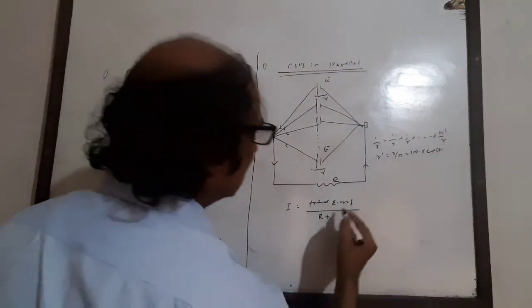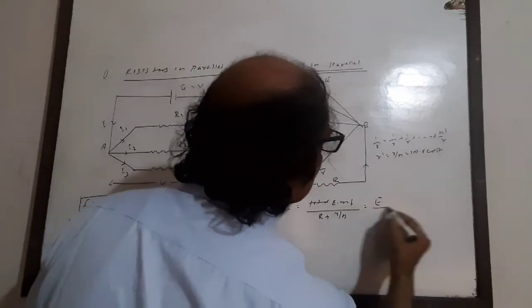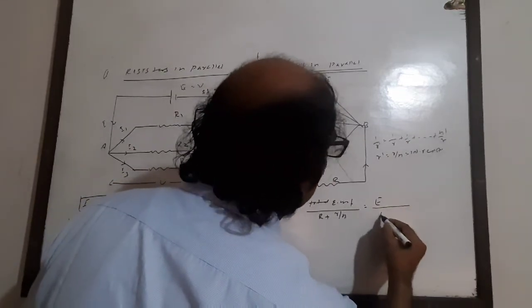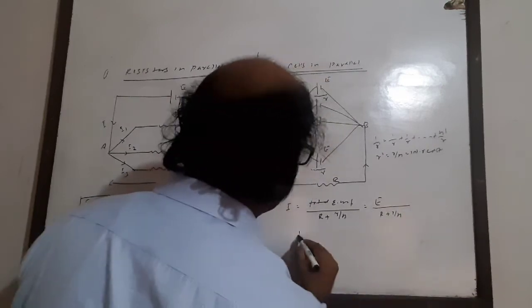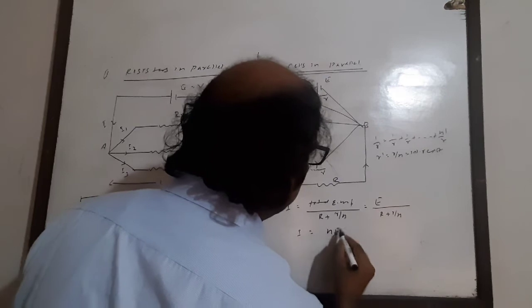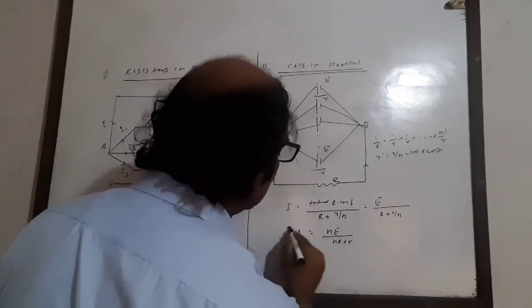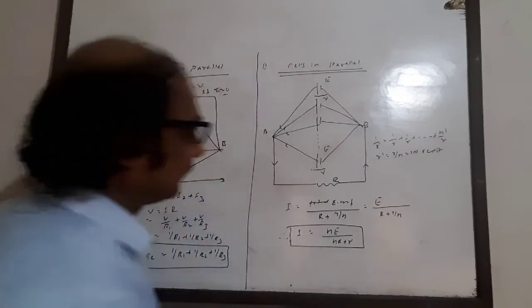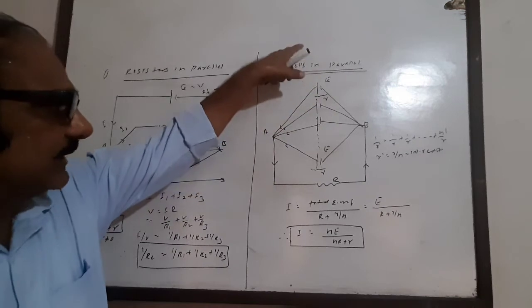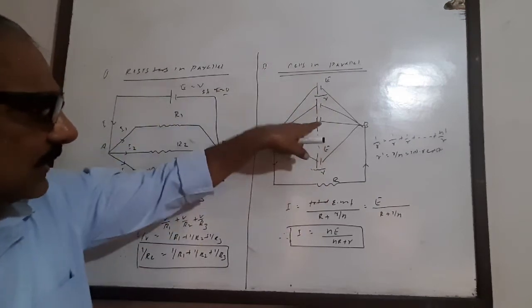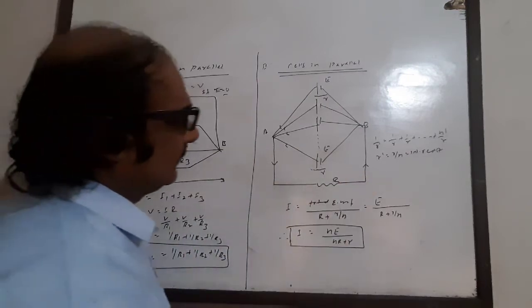So total internal resistance r by n. So expression is E by R plus r by n, or I equal to nE by nR plus r. So this is the expression for current when the cells, each of EMF E and internal resistance r, are connected in parallel with the external resistance capital R.